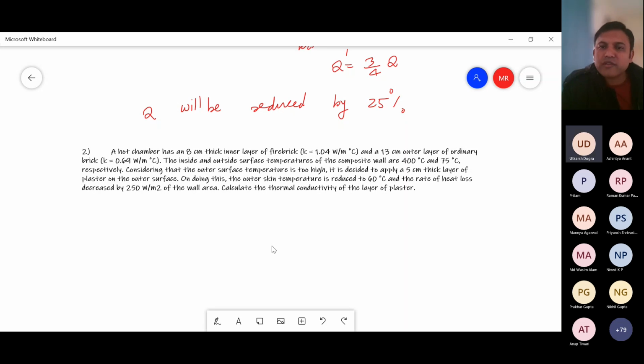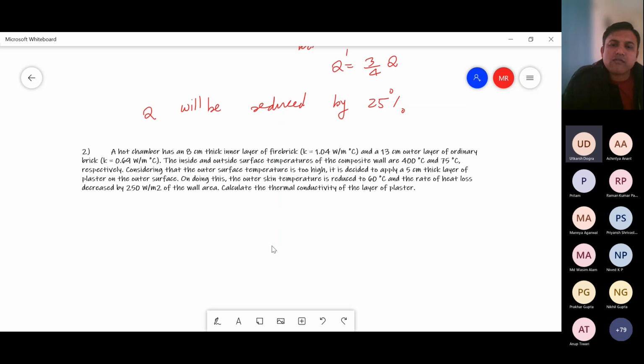The inside and outside surface temperatures of the composite wall are 400 degrees Celsius and 75 degrees Celsius respectively. Considering that the outer surface temperature is too high, it is decided to apply a 5 centimeter thick layer of plaster on the outer surface. On doing this, the outer skin temperature is reduced to 60 degrees Celsius and the rate of heat loss is decreased by 250 watt per meter square of the inner wall. Calculate the thermal.